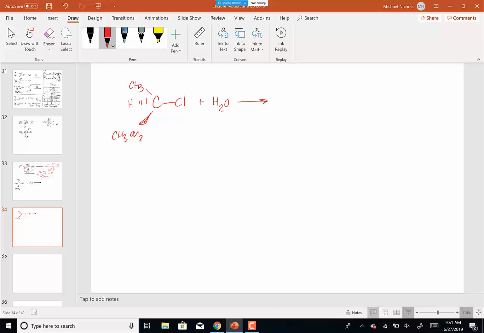Now, how do you know if it's 2 or 3 steps? Is that something you have to memorize? Yes and no. If you do enough of these problems, then you'll learn it. So the critical part is if you think about what am I going to do in this SN1?